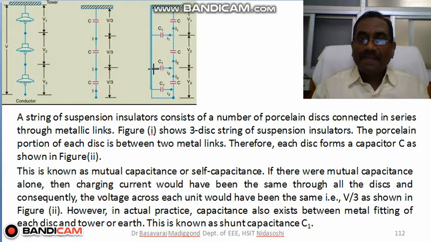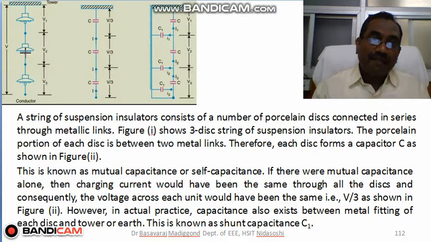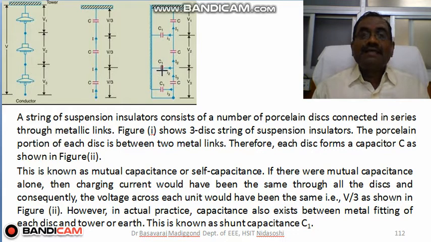That means this is at earth potential. Earth is also a conductor. So you have a metallic link here and one more conductor, that is earth, separated by air. Therefore, there exists a capacitance between these metallic links and the earth. We call it a shunt capacitance, C1.